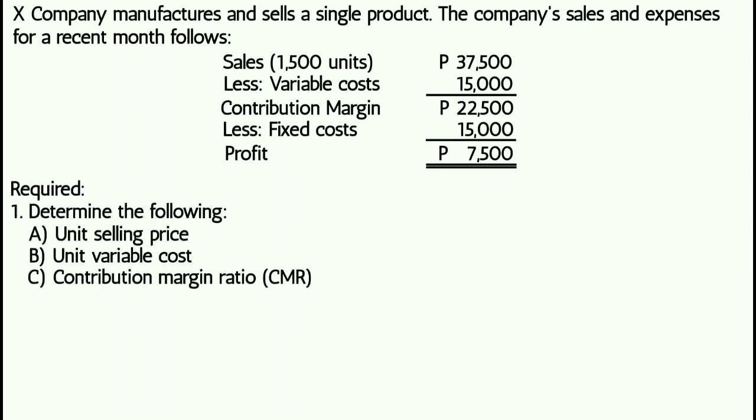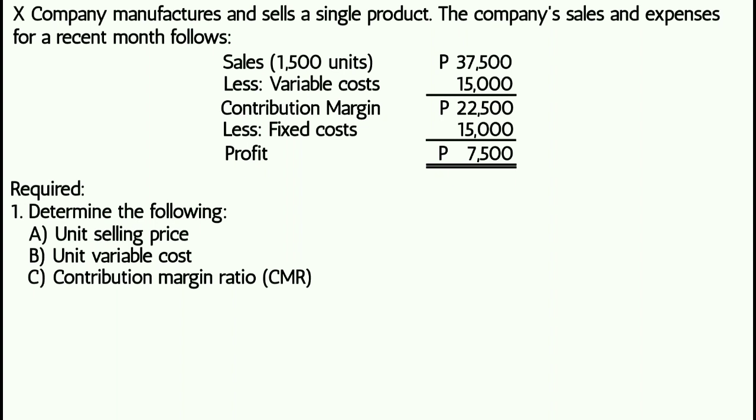Let's answer requirement number 1. Determine the following. A. Unit selling price, B. Unit variable cost, and C. Contribution margin ratio or CMR. Unahin natin yung unit selling price or selling price per unit. Unit selling price or selling price per unit is equal to sales in pesos divided by sales in units.